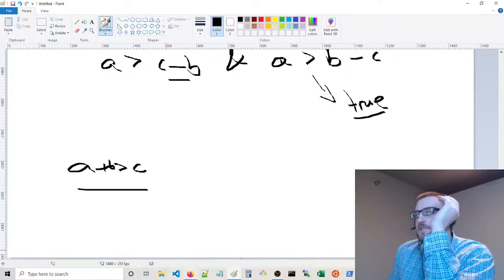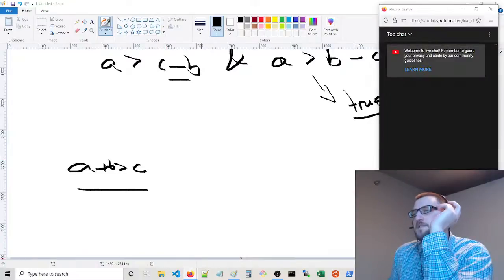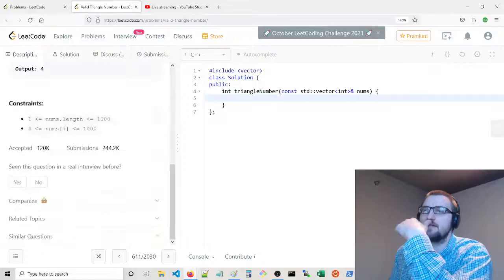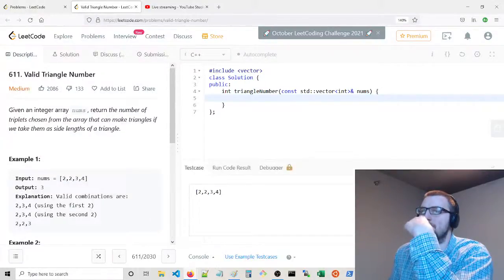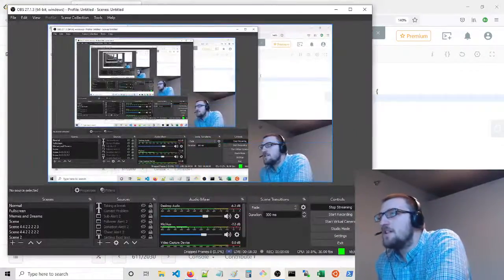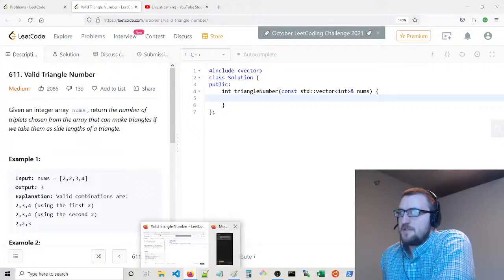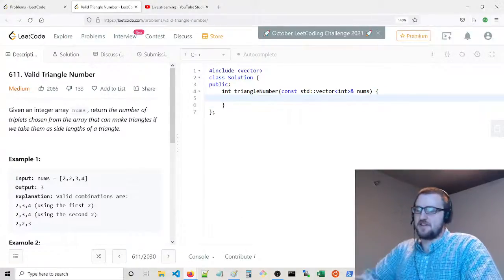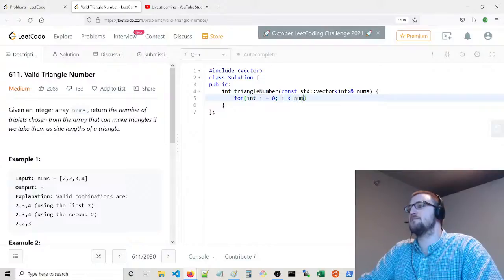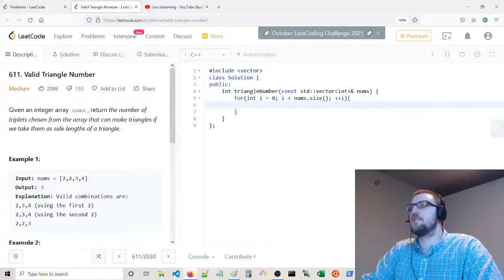Okay, so we're looking for all pairs that satisfy A plus B is greater than C. We can write that directly and see how far we get. Generate 1,000 numbers locally here. This question might take us some time though, because I don't actually know the answers. So you can do for int i equals 0, i is less than nums.size.